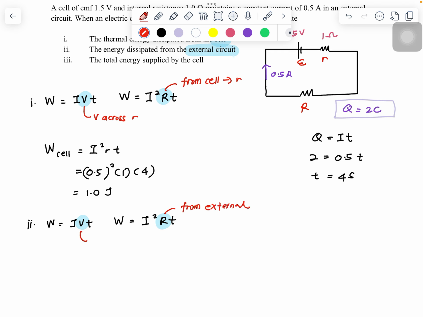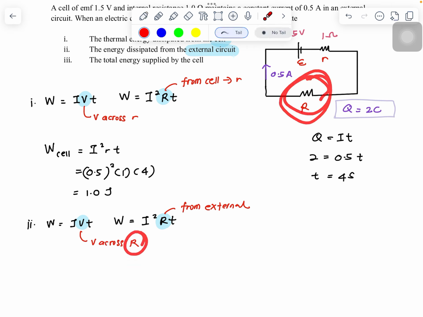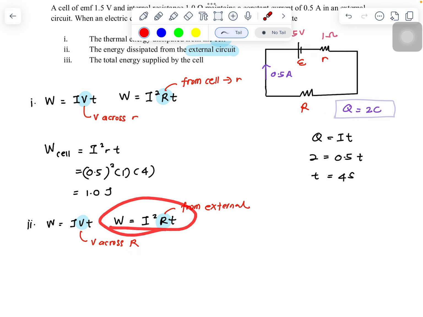So this one maksudnya voltage across the external resistor, which is this one. Okay, so untuk gunakan formula ni, this one we don't have. Okay, can we find it? I don't think we can find this value.